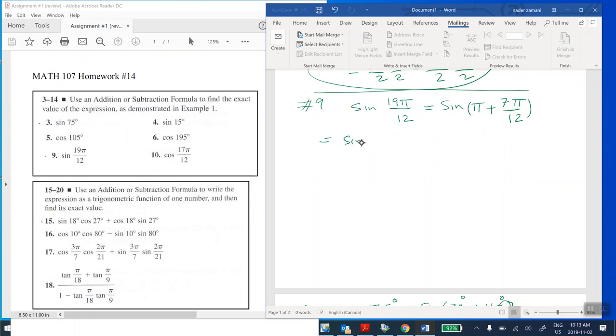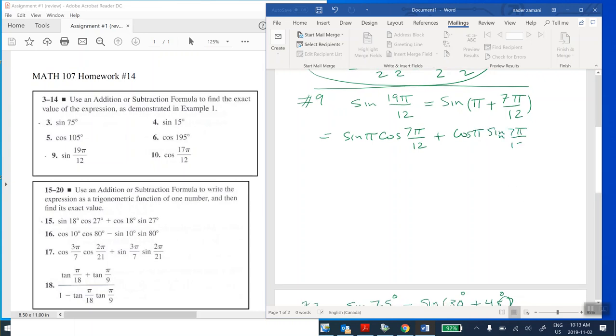So it's going to be sine of pi cosine of 7 pi over 12 plus cosine of pi sine of 7 pi over 12. Now this is 0, and this is minus 1. So this is cosine of 7 pi over 12 minus sine of 7 pi over 12.